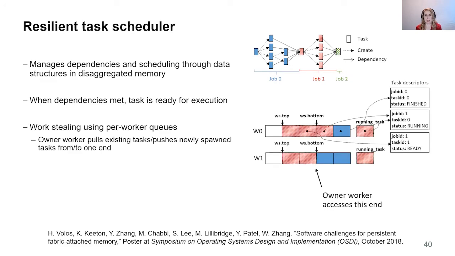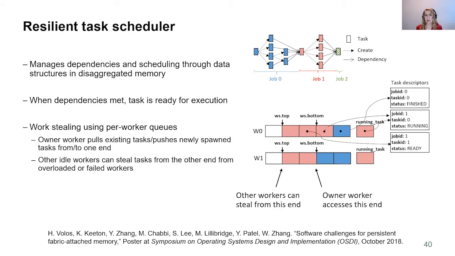And the way that these work queues are implemented is, it's actually a double-ended queue data structure that's stored in the far memory. And so the idea is that the owner of this queue is going to consume tasks to be executed from its end of the queue. In addition, because of that dynamic parallelism model, it may actually be spawning tasks into that end of the queue as well. Now, in addition to the owner being able to access this queue, it's also possible to do work stealing. So idle workers can look around and steal work from the other end of the queue.